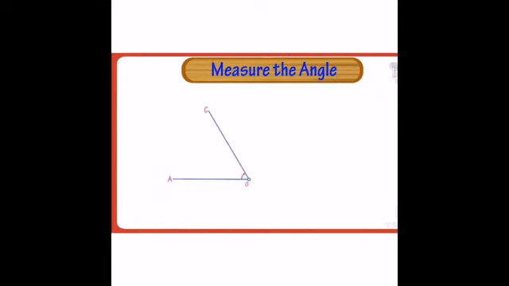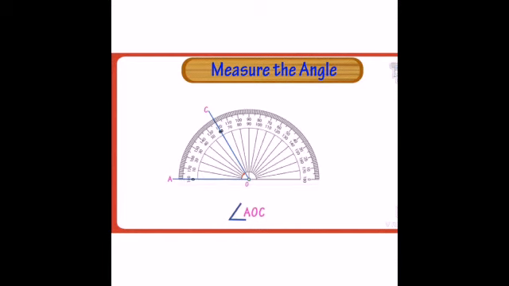Let's measure the angle AOC. Here, angle AOC can be measured using a protractor. So we have put OA on the baseline, and placing the protractor, we have found that AOC is equal to 60 degrees.